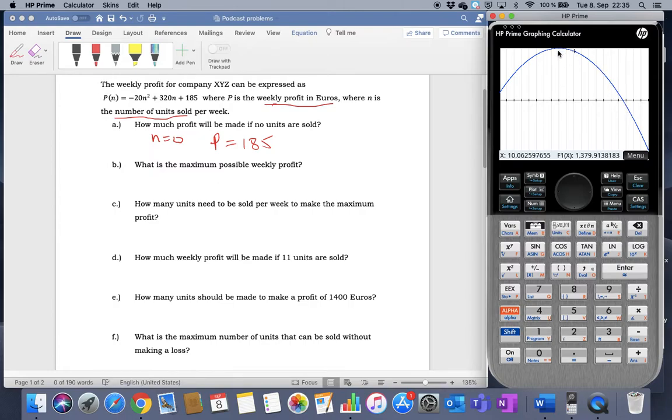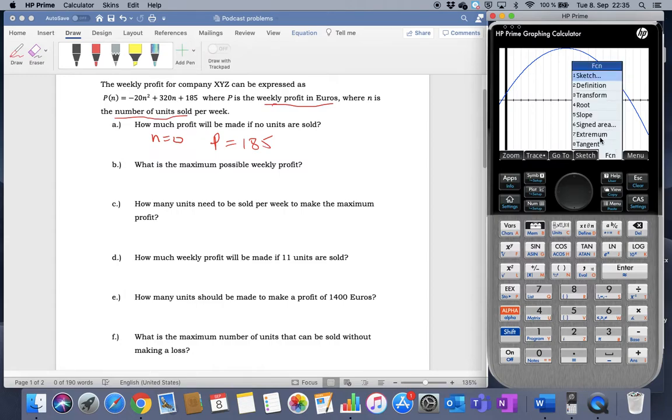So we actually want to look for the maximum, and the maximum is right here because the maximum possible weekly profit is right there. In order to do that, we're going to go to Menu, Function, and these are the extremum. Okay, so we have right here, this value right here is the extremum, and we know that X values are the number of units sold and the Y value is profit.